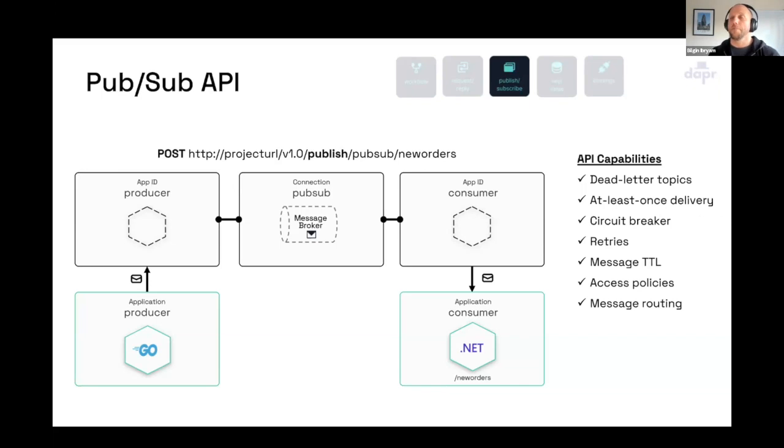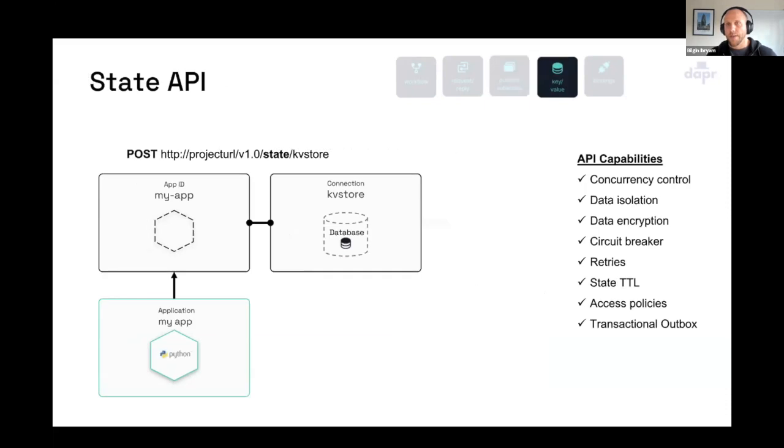For example, you get capabilities such as dead letter topics, which is different in Amazon SNS and RabbitMQ. You get at least once delivery. You can apply circuit breakers and retries. You can even enforce TTL, regardless of whether it is available in the backing broker implementation, and other things such as access policies and message routing to different applications.